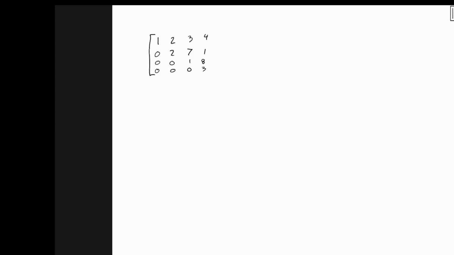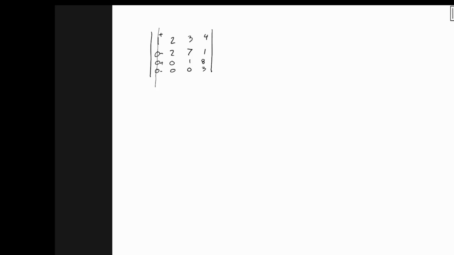Something like that. If I want to take the determinant of that, I'm going to use this last row or the first column. It doesn't matter which. Actually, let's use the first column. So I'm going to start with 1, and that's a plus. Then it'll be minus, plus, minus, etc.